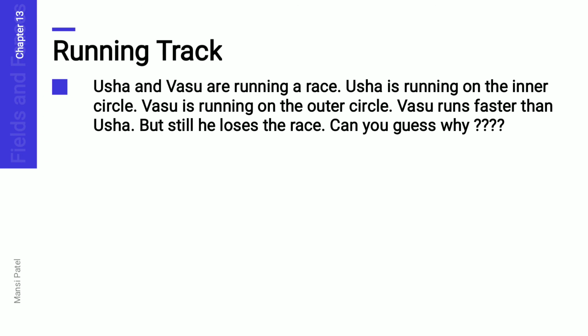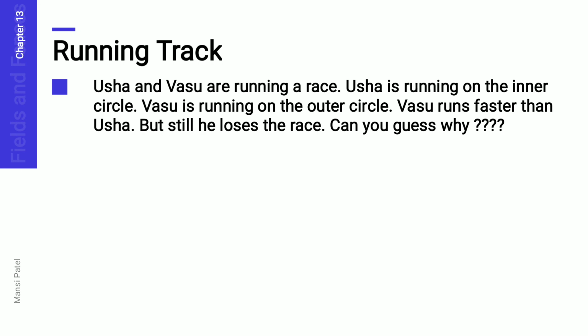Now, one last topic, that is of running track. You can see Usha and Vasu are running a race. Usha is running on the inner circle, whereas Vasu is running on the outer circle. Vasu runs faster than Usha.